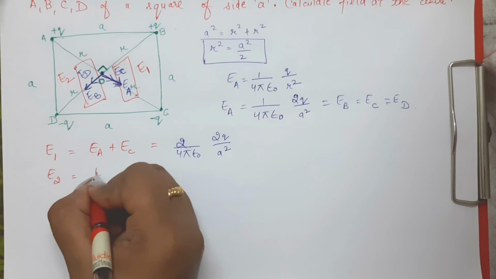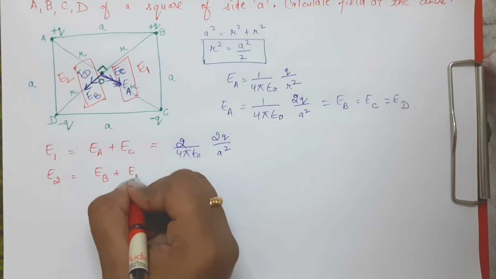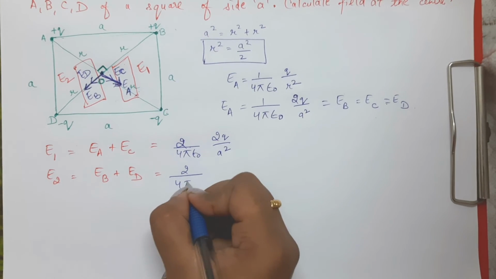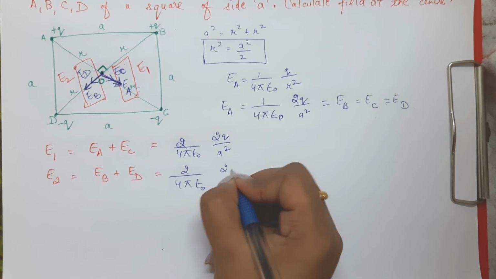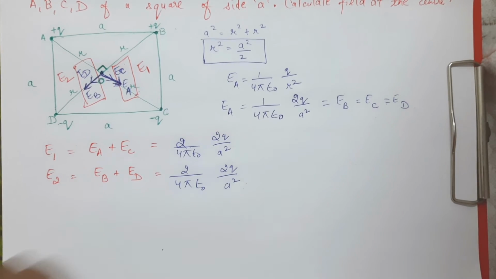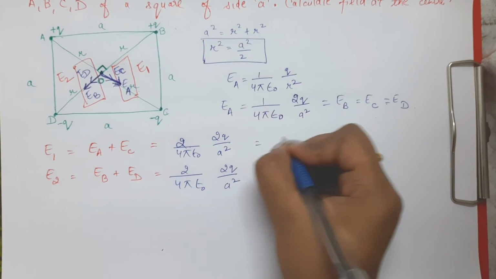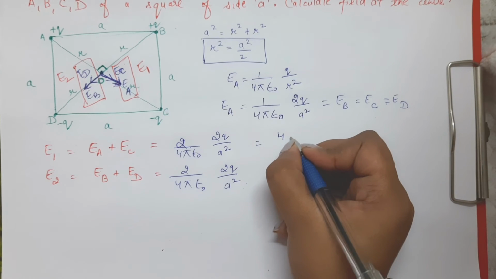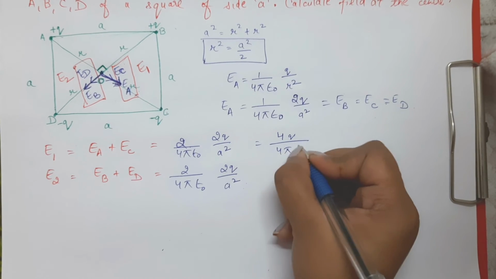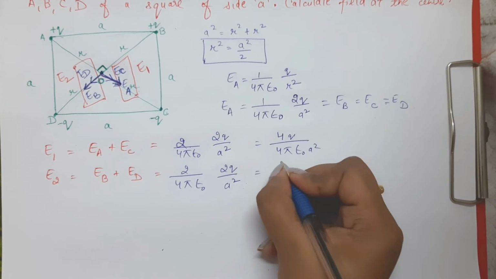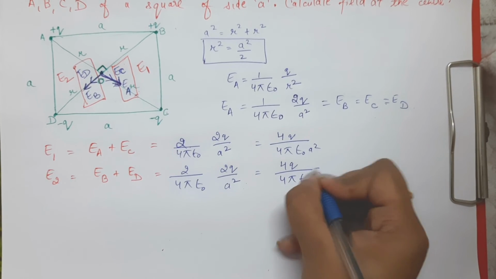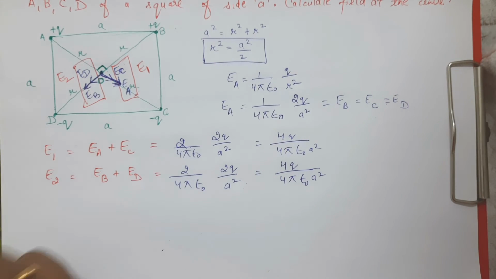E2 will be EB plus ED. So it will also come out to be equal to 2 by 4 pi epsilon naught 2q by a square, right? So these are basically 4q by 4 pi epsilon naught a square. This will also be equal to 4q by 4 pi epsilon naught a square. Right, now we have found the values of E1 also and E2 also.